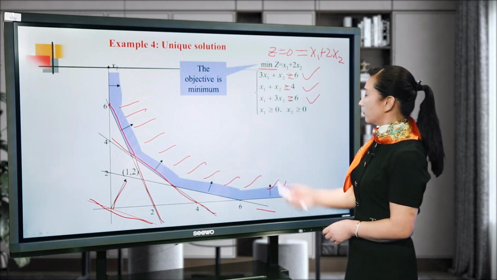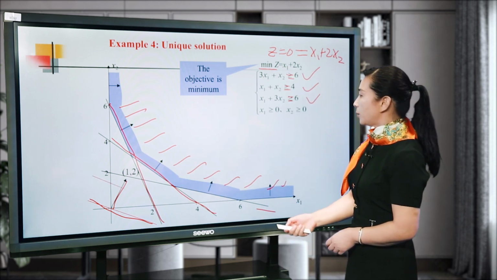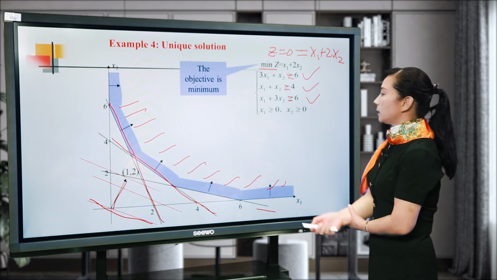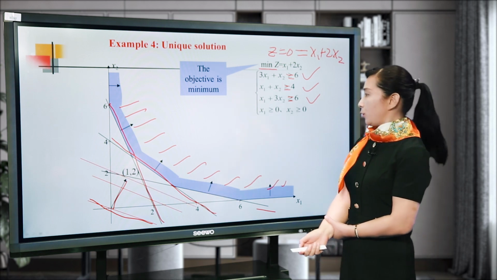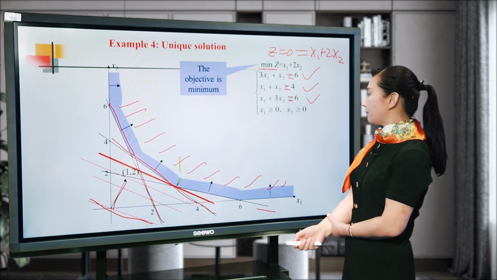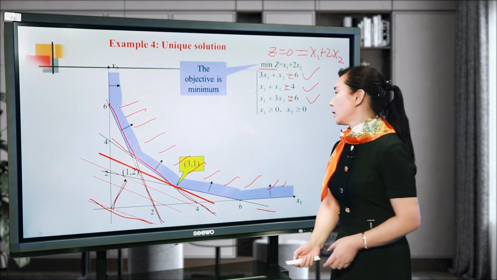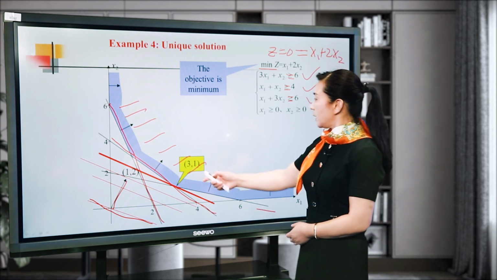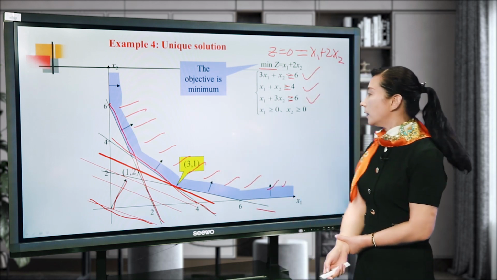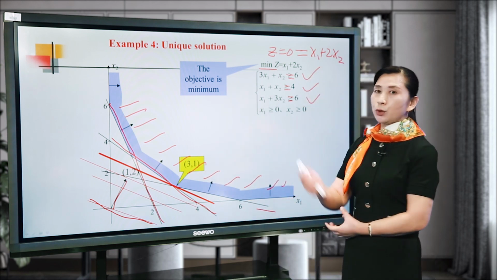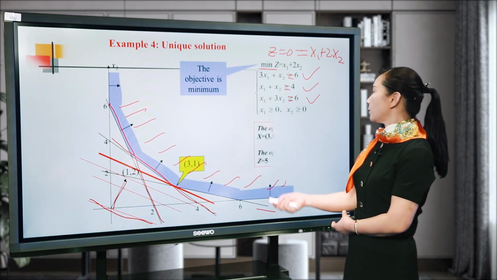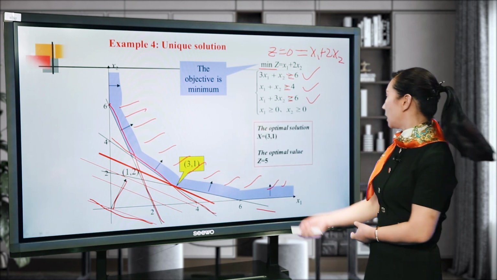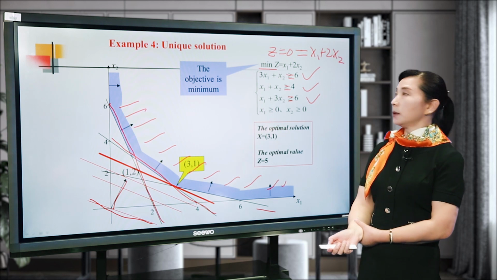And then we move the objective line along the minimized direction to the boundary of the feasible range. We get this point. The point is the minimum J and is a feasible solution. So this is the optimum solution, and we get the optimum value.